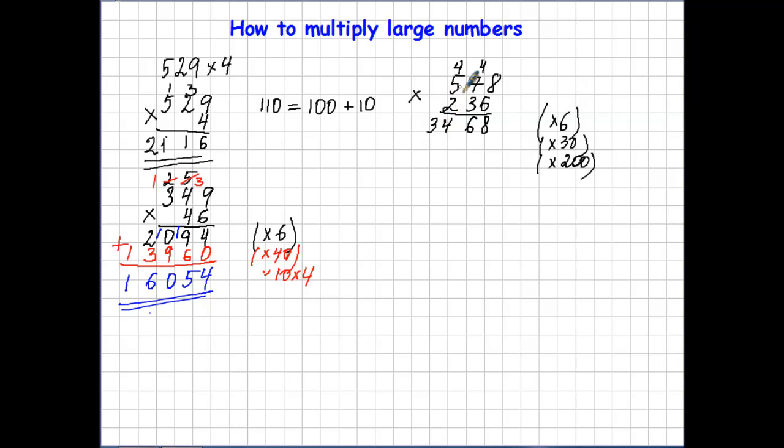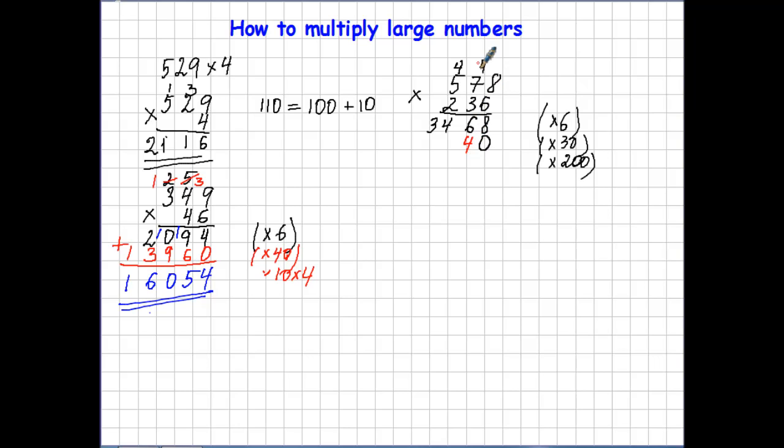Now we multiply 578 by 3. 30 in fact. So multiplying by 30 is not difficult. We multiply by 10 first, so our number will be ending in 0, and now we multiply by 3. 8 times 3, let's change color so it would be easy to see. So 8 times 3 is 24.